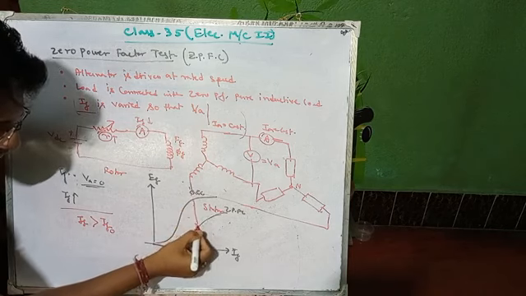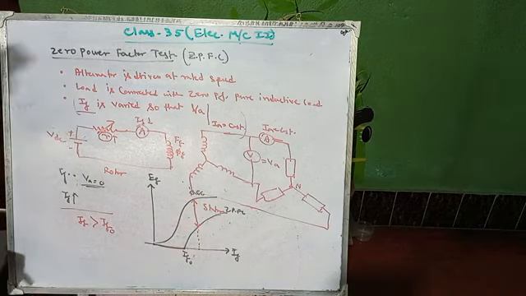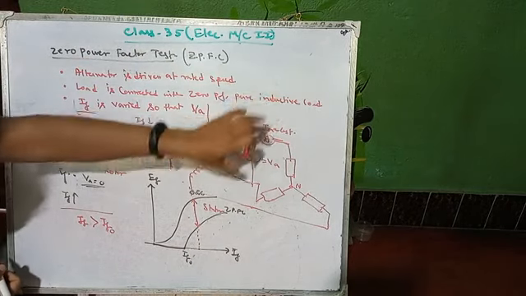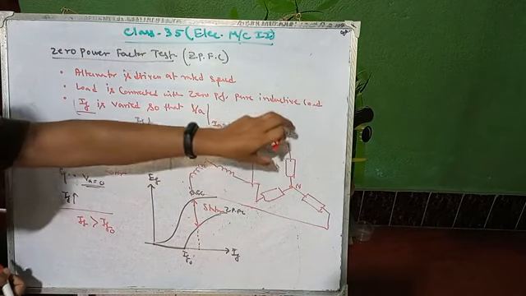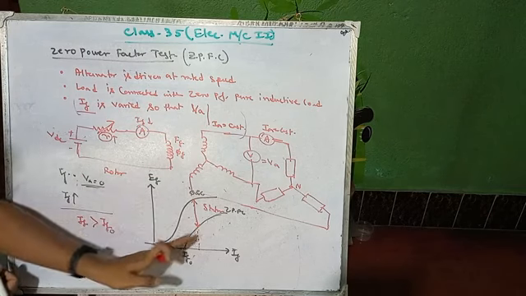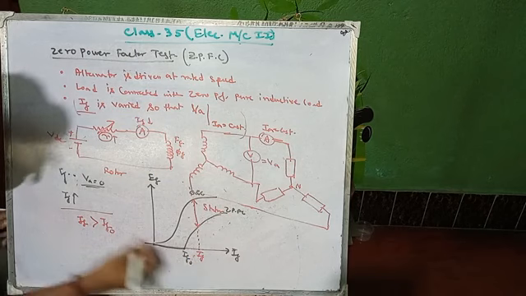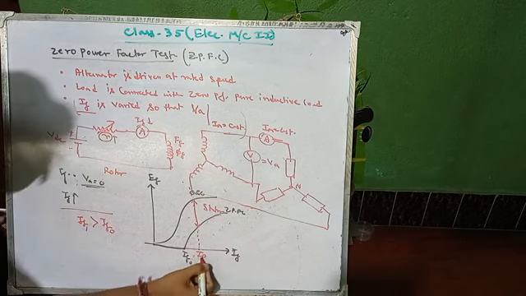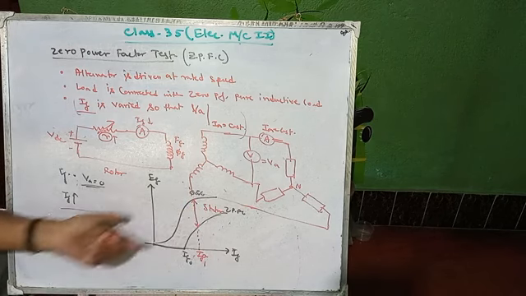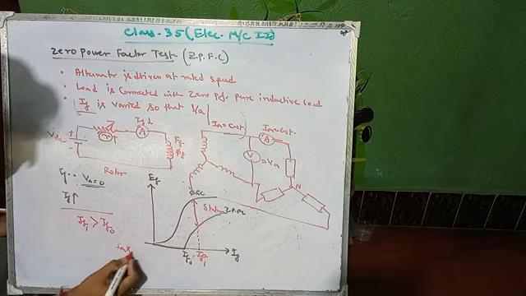Whatever the displacement of this OCC to the ZPFC is, it is due to the complete inductive load connected across the OCC. Means what? There is no load on the OCC, right? Once an inductive load is connected, the characteristics deviate. Okay, so due to this deviation, at any particular field current, suppose I am taking IF1, there will be a difference between these two curves, and this difference is nothing but the IaXaL drop.